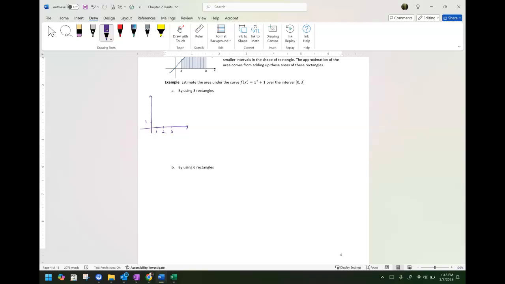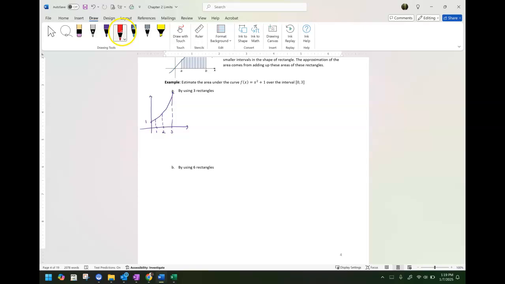And when x equals 3, f of 3 equals 10. So we have this curve, and this is not to scale. I then will partition the area under the curve into 3 areas.